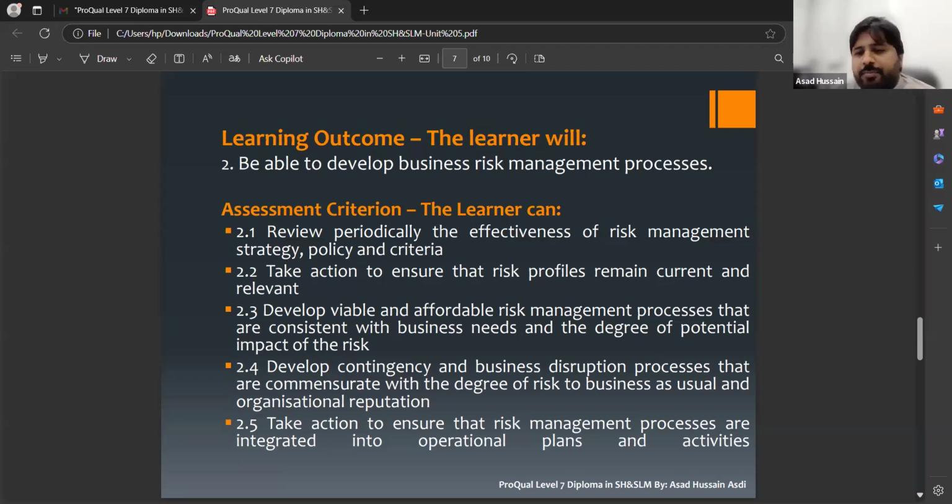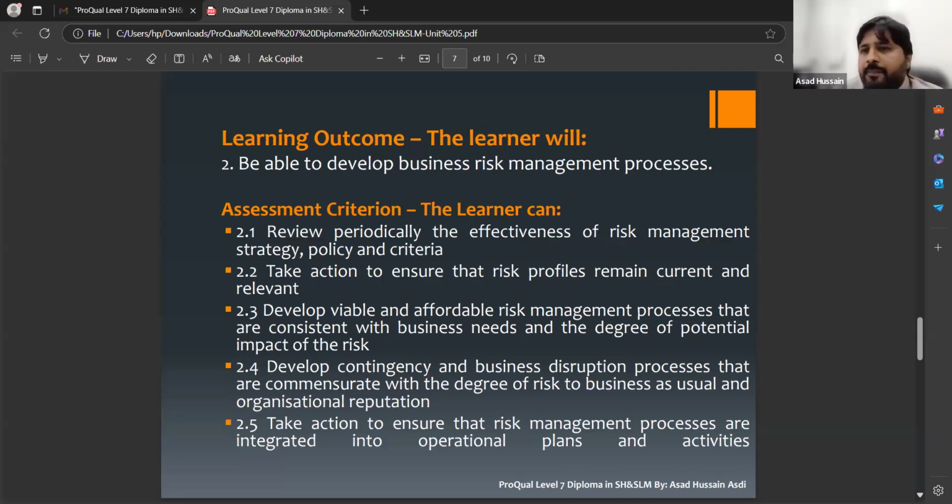Now, the last assessment criteria of this learning outcome is take action to ensure that risk management processes are integrated into operational plans and activity. Basically, whenever it comes to business, the main focus, the main theme of any business is to generate profits, to generate revenues.